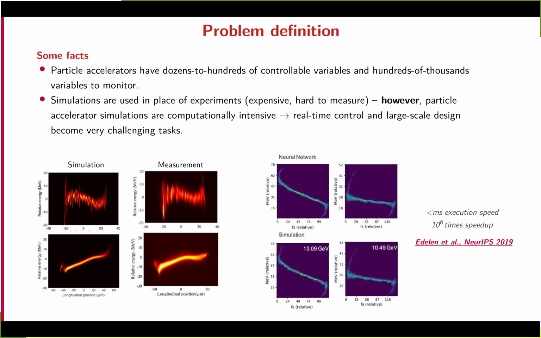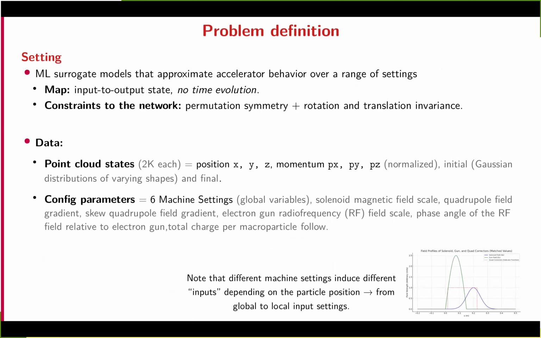So what are we pursuing? We're pursuing a surrogate model, a machine learning surrogate model that approximates the accelerator behavior over different settings. And the ultimate goal is to find optimal settings.